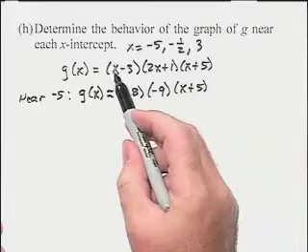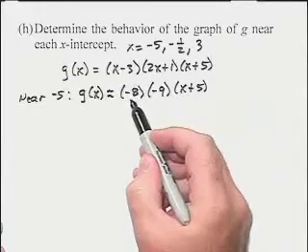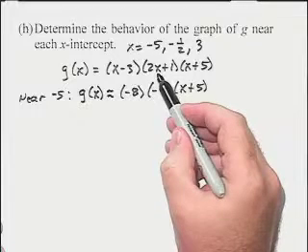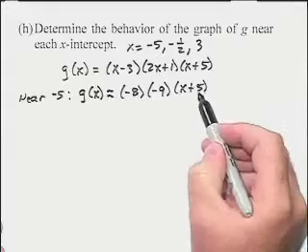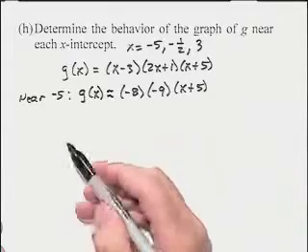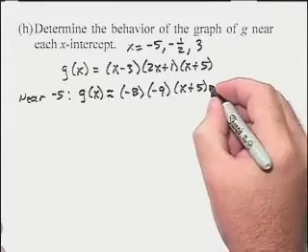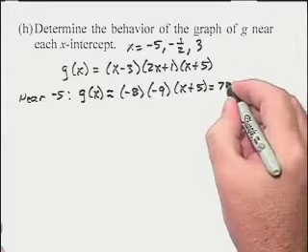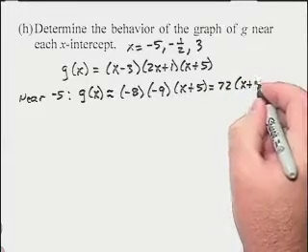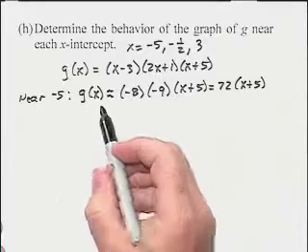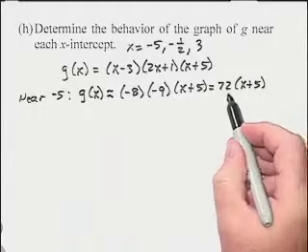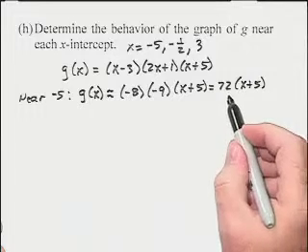Negative 5 minus 3 is negative 8. 2 times negative 5 is negative 10, plus 1 gives us negative 9. Again, we're not using the x plus 5 factor because we're looking at what happens near negative 5. This is equal to 72 times x plus 5. So near negative 5, the graph of g will look like a line with slope 72.